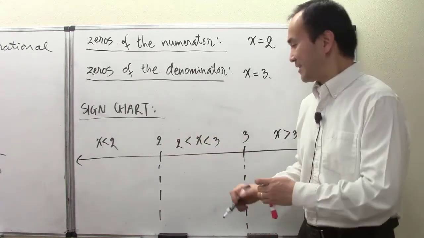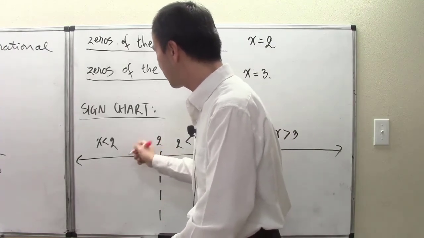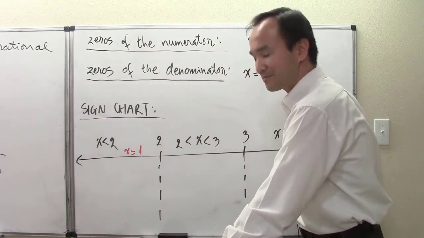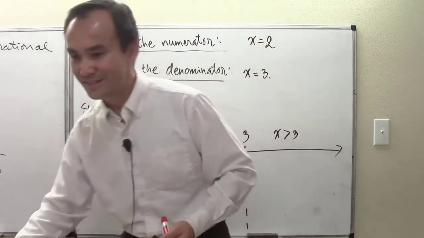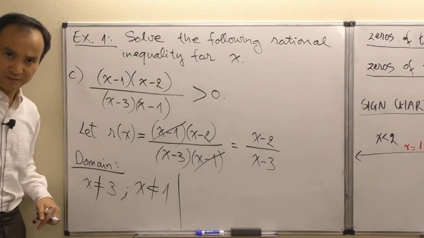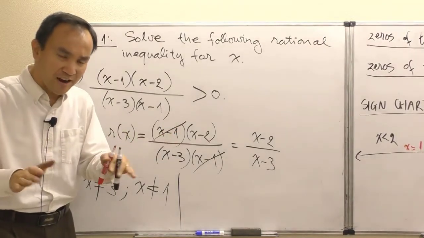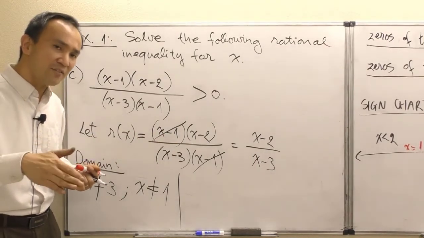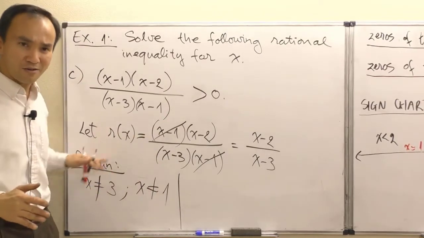Now I'm going to pick a value. Here I can pick x equals 1, for example. But I know immediately I'm going to fail with this one, because x equals 1 must be excluded from the domain. A lot of the time we're eager to try values, but be careful with the way we do it.